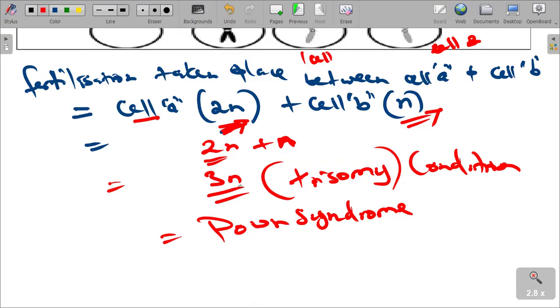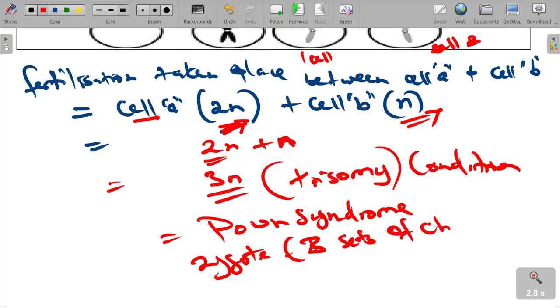This zygote which is formed here, 3N, has 3 sets of chromosome 21. That is what I want you to observe and note.